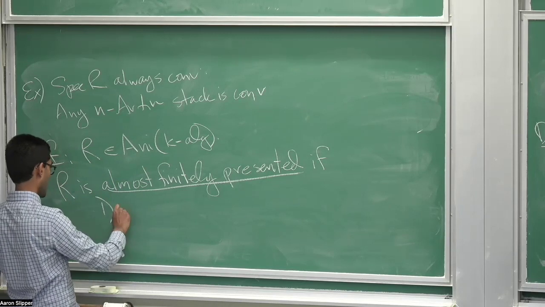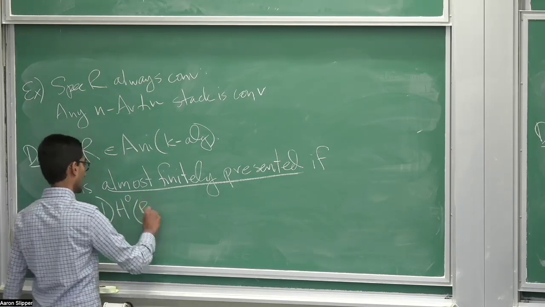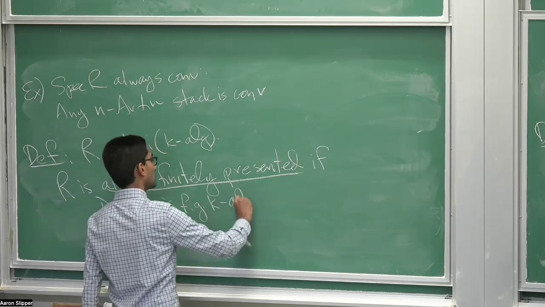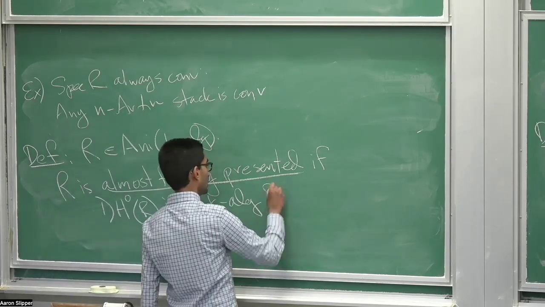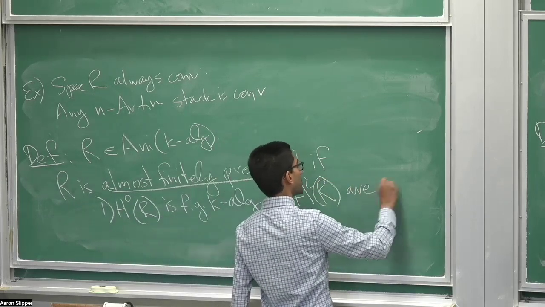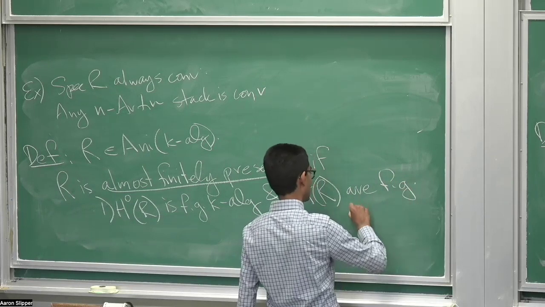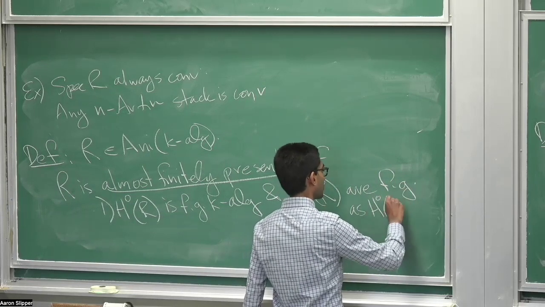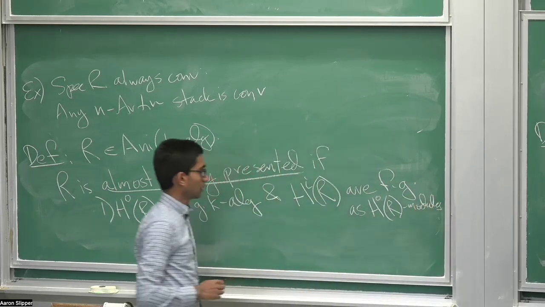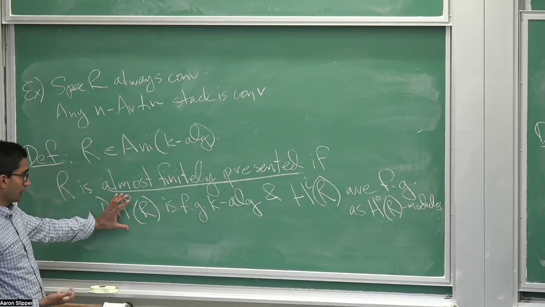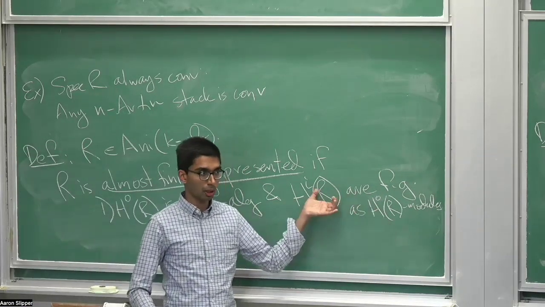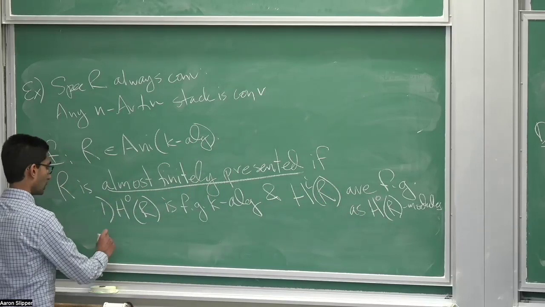The first one is that H0 of R is a finitely generated K-algebra, and all the higher homologies of R are finitely generated as modules over H0.